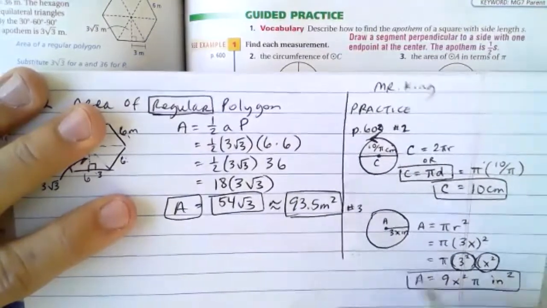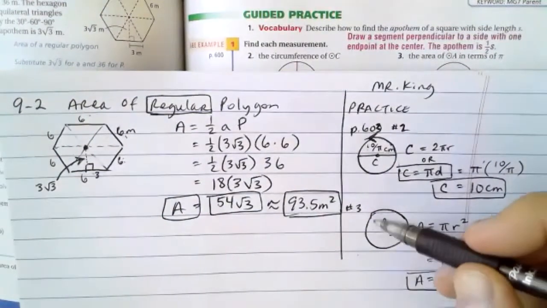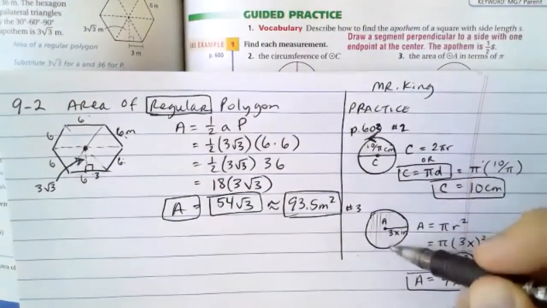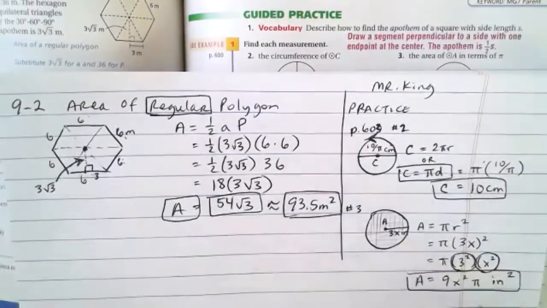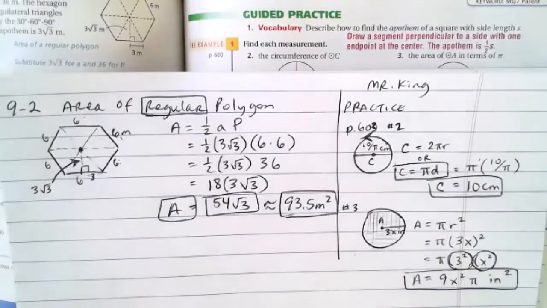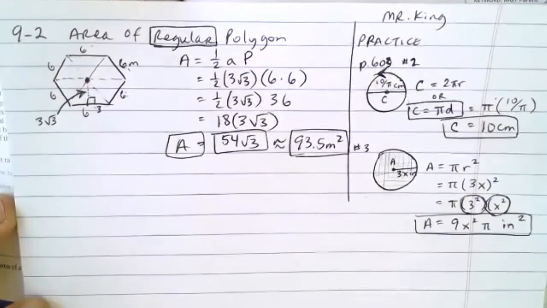Because of area, okay? Area is measured in squares. If you were to take a bunch of squares inside the circle like this and count these squares, you would count this amount of squares. That's what that means, right? So this is how your notes should look so far on your paper.